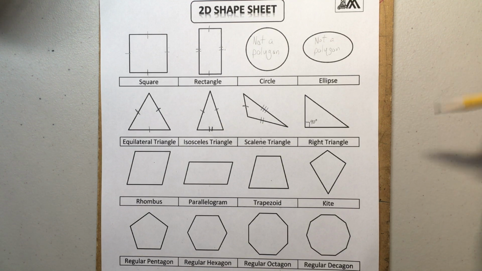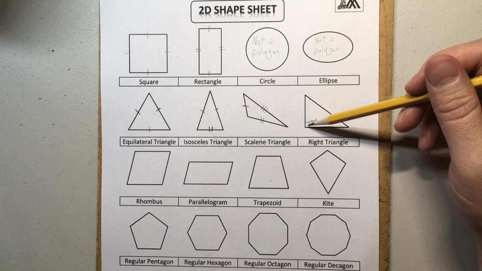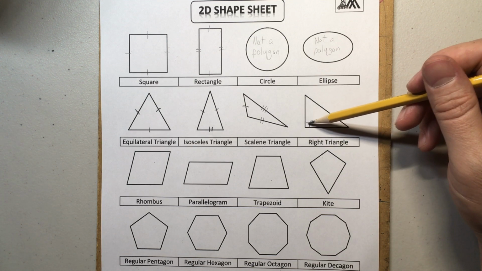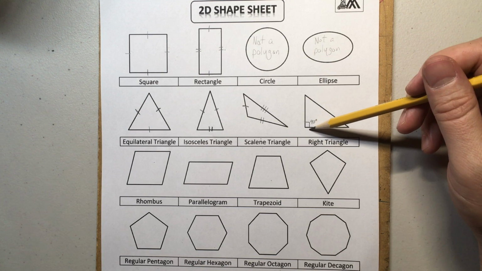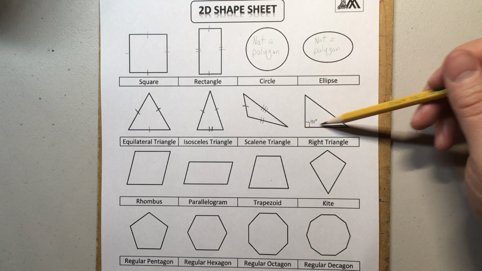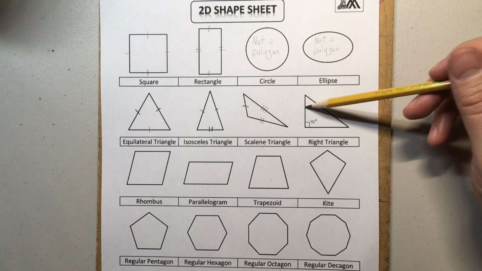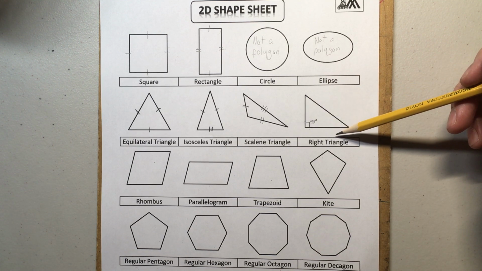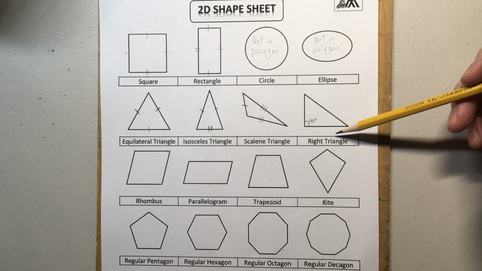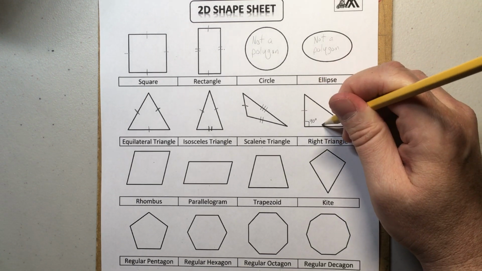It doesn't mean correct or anything like this. Technically, this is a right triangle because it has that corner. It's also a scalene triangle because it does not have equal sides. The three sides are of unequal length. So that's important too. This is a scalene as well.